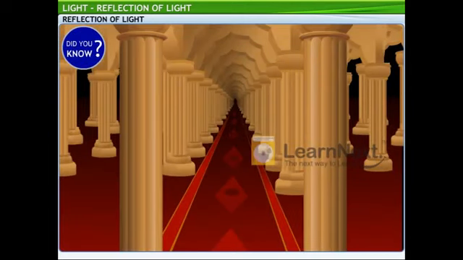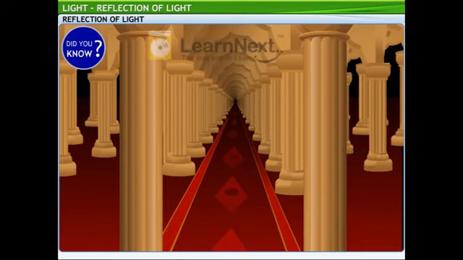Reflection in plain mirrors can also be used to have a lot of fun. Have you ever been to a mirror maze? A mirror maze is created using the principle of reflection in plain mirrors. This maze has several plain mirrors placed at fixed angles to each other.